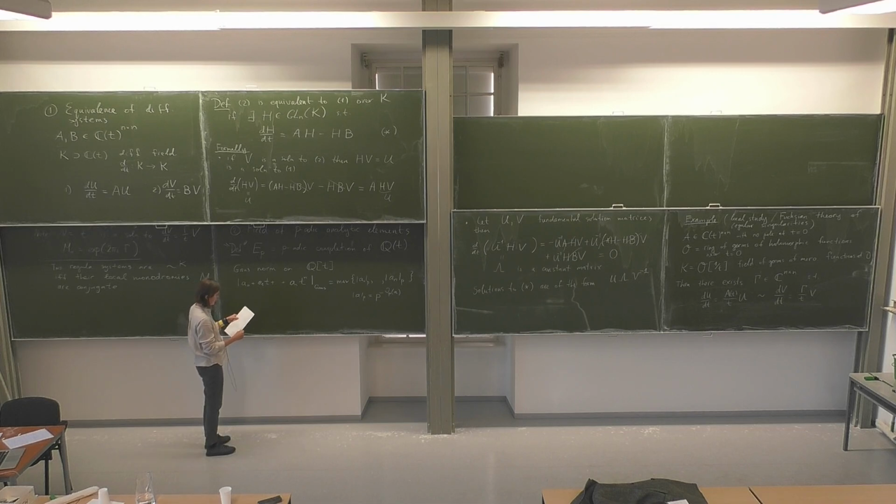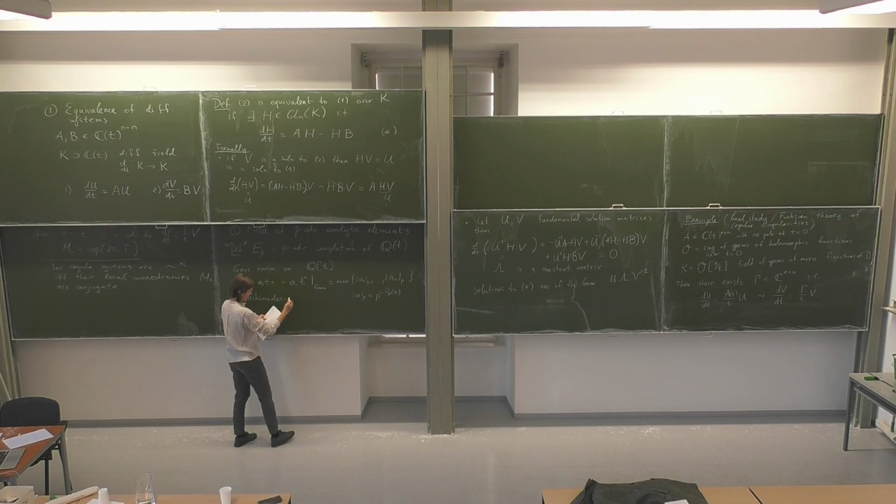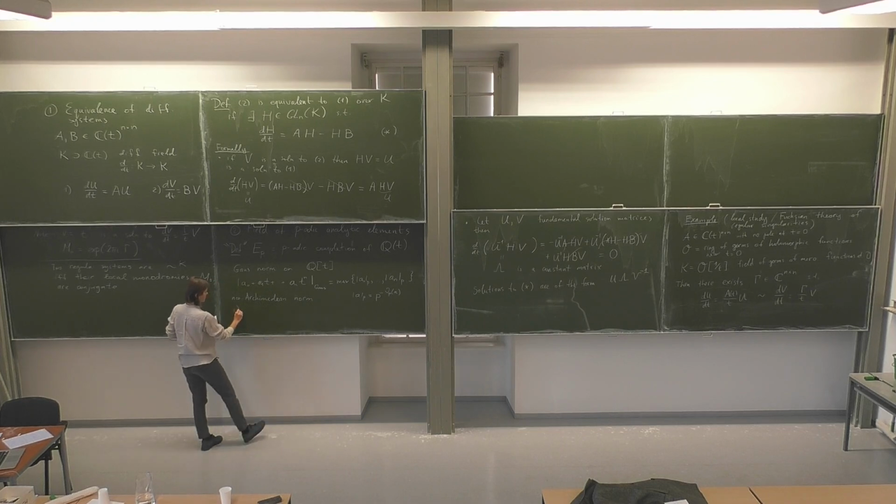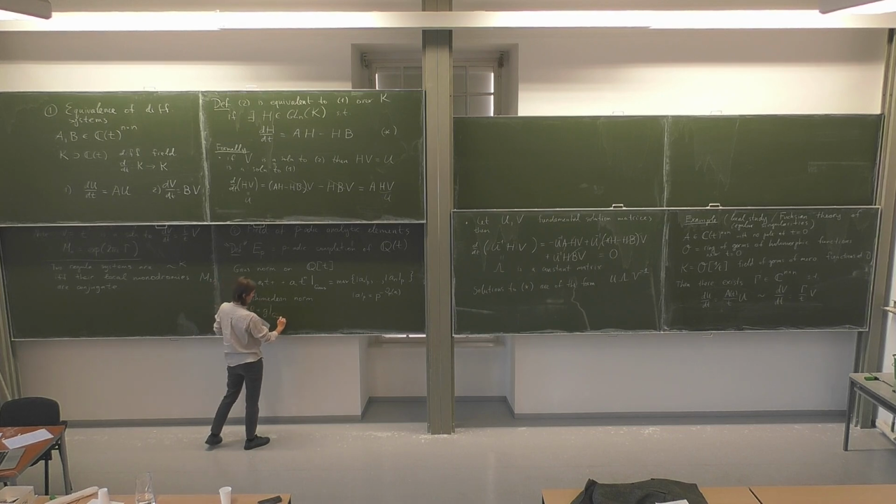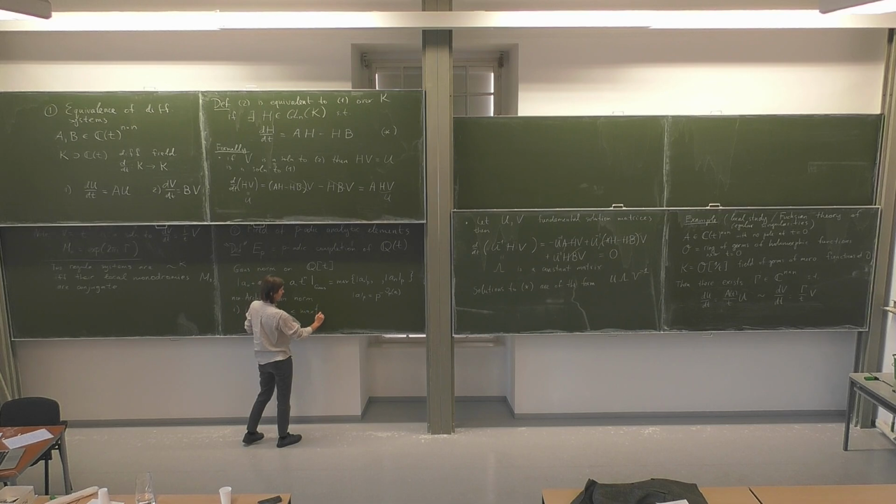And now this is a non-Archimedean norm, meaning that it satisfies two properties. When we sum two polynomials, the norm is less or equal, the maximum of the norms.